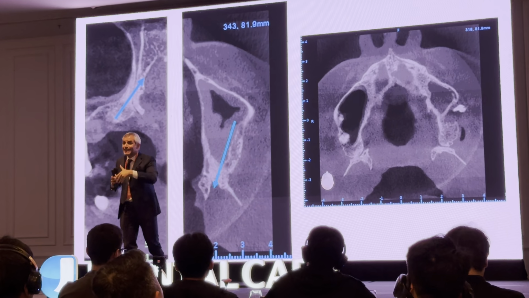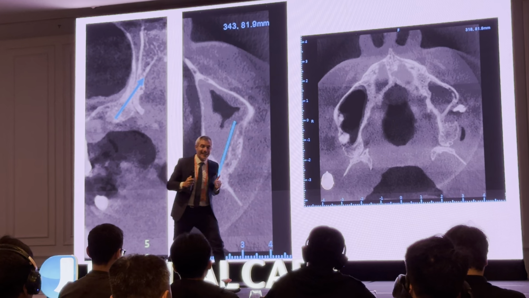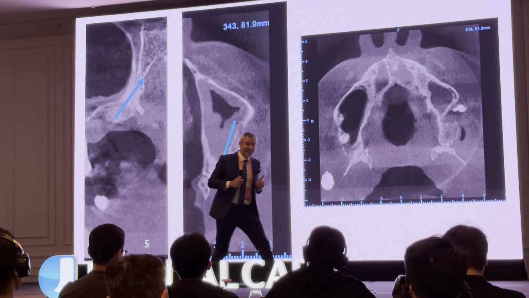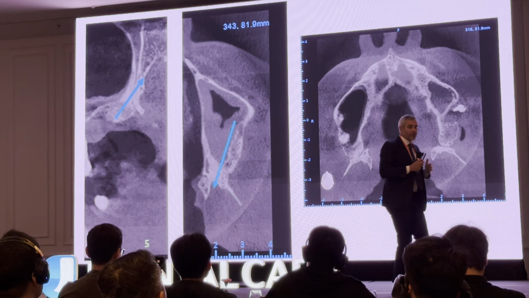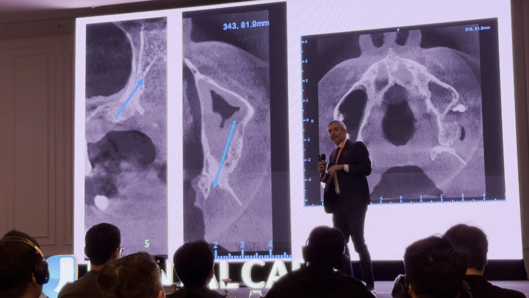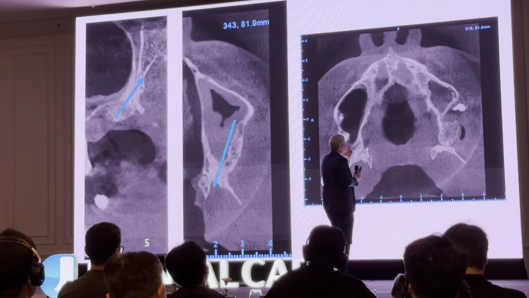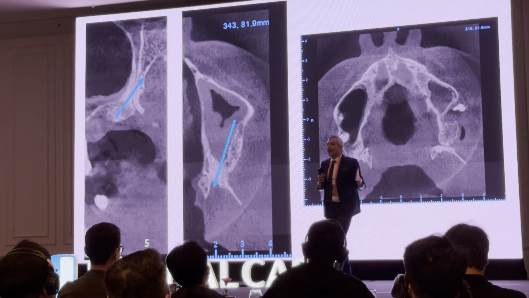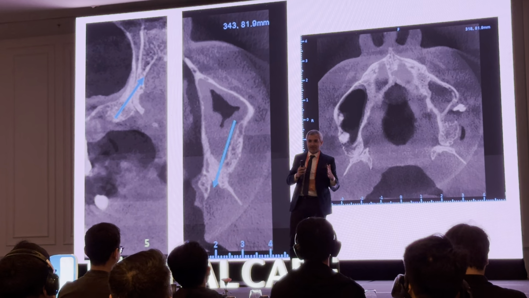For the pterygoid, it's the same. Big cortical anchorage, entering inside the fossa, entering inside empty space. If we feel, for example, soft and then empty space, it means that or we are too vertical, so we are going inside the maxillary sinus, or we are going too lateral, toward the infratemporal fossa.